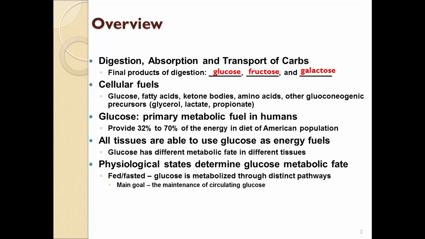Fed and fasting can make glucose metabolize differently in different tissues. I already gave you an example, right, in the liver. So these are the very important concepts that you need to keep in mind when you learn the metabolism of nutrients.